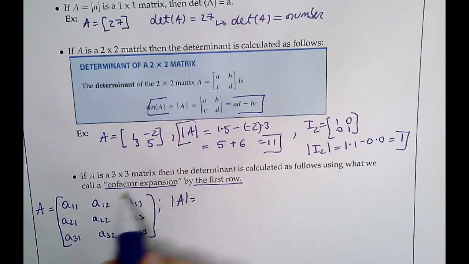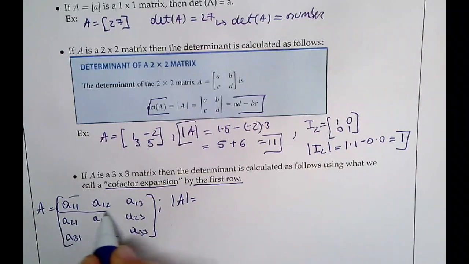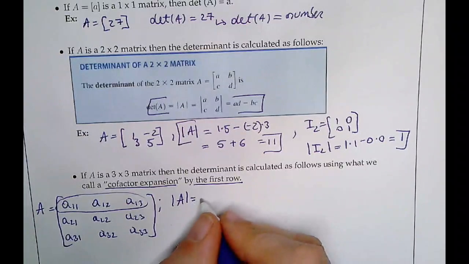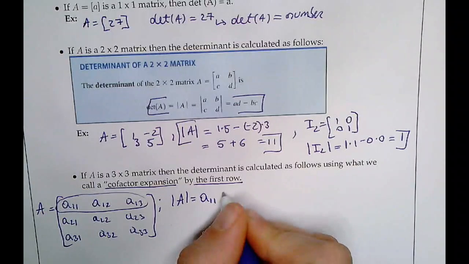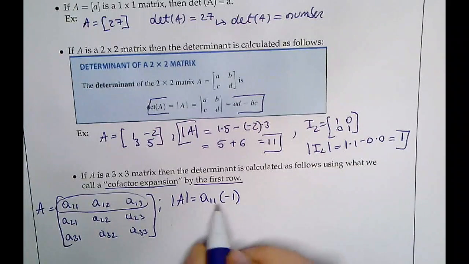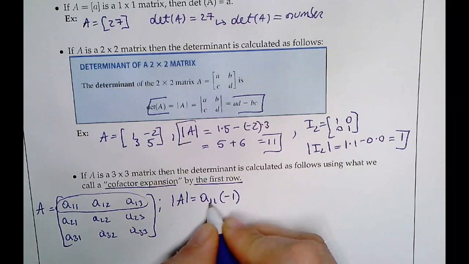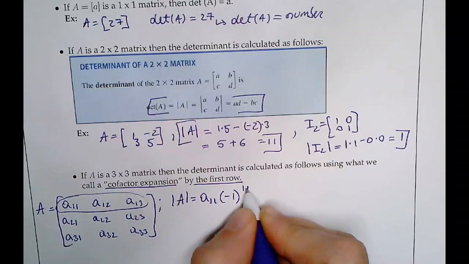I'm going to do the cofactor expansion by the first row. So I'm going to use my first row entries. So the determinant is going to be the first element, so it's going to be A11, times -1 to the power, you take the indices and you add them, so this 1 plus 1.